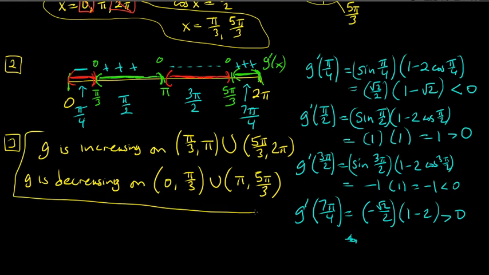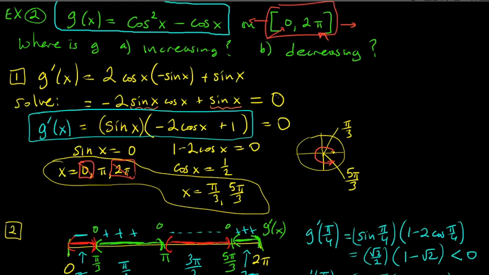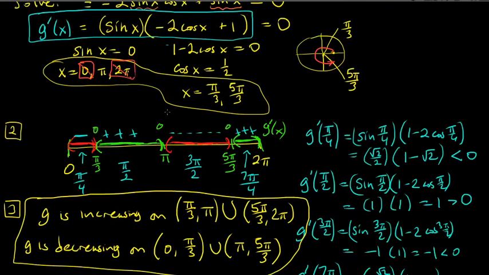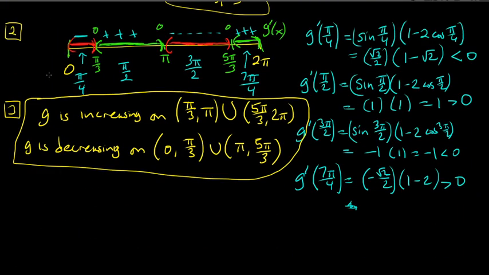Okay, and that's it, right? Notice I didn't even ask where is it constant, right? You know by now that sine and cosine functions just go back and forth like this. So it's never going to be flat or horizontal. So it's not constant anywhere.